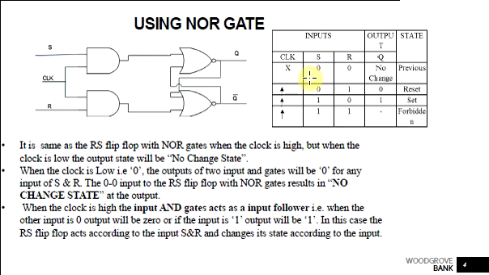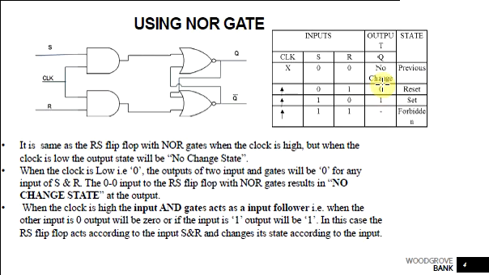You are supposed to have one more column here, and when the clock pulse is high, all these arrows correspond to clock activated signals. When the clock is activated, 0 0 is no change. When S is 0 and R is 1, that corresponds to reset, where Q is equal to 0.